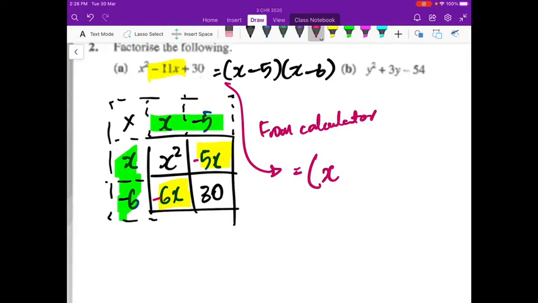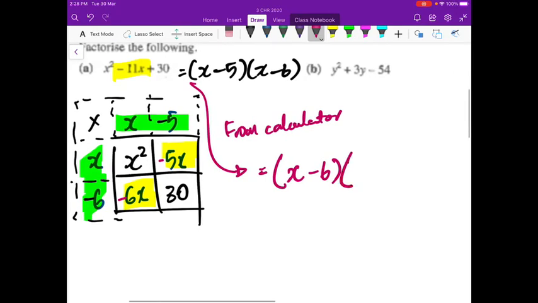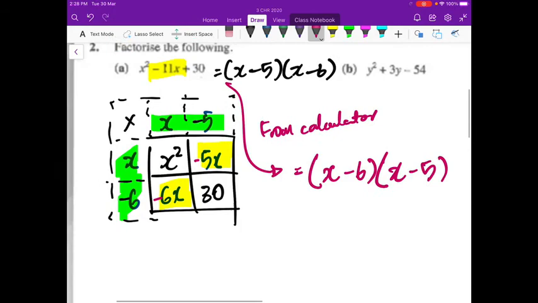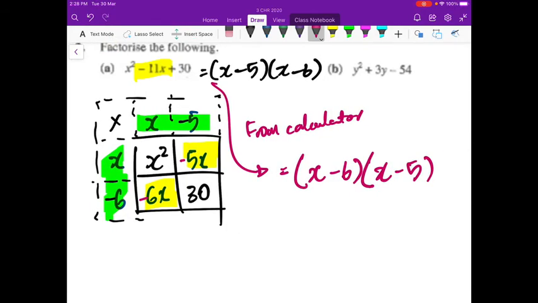You don't write 6, you put minus 6. Change the sign. If the calculator says negative 6, you put positive 6. You press equal again. The calculator says 5. So you open bracket, put x. Instead of 5, you put minus 5. And that is the answer, without drawing all these boxes, without having to try and error.